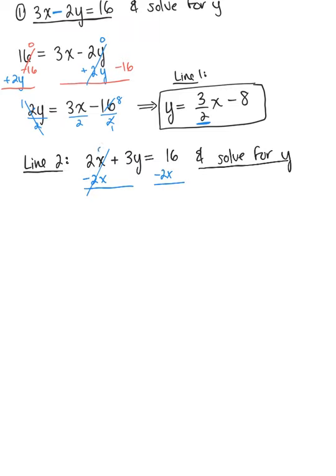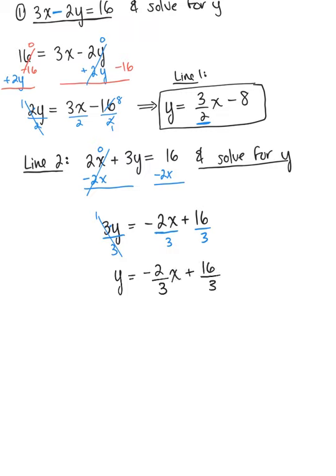Right, so positive 2x minus 2x combines to 0, leaving us with 3y is equal to minus 2x plus 16. Then to isolate y here, we will divide both sides of the equation by 3. So we have 3 divided by 3 is 1. And I have y is equal to negative 2/3 times x plus 16/3. And this is our second line.